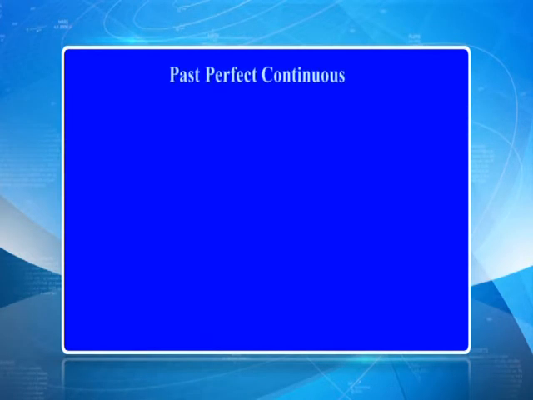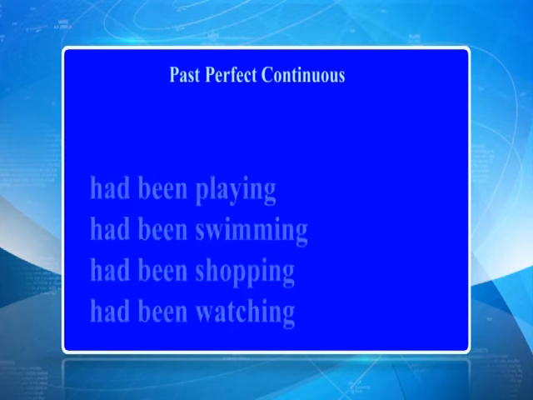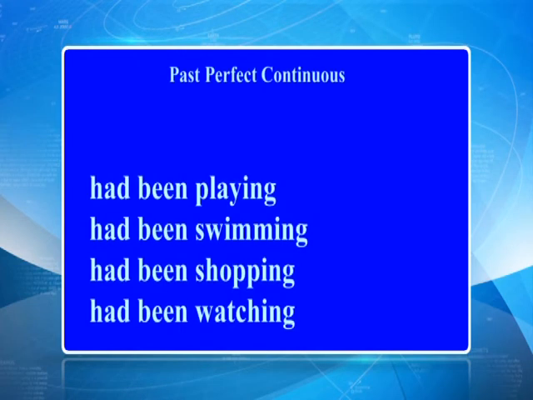Now, how do we form the past perfect continuous tense? Have a look at the following verbs: had been playing, had been swimming, had been shopping, and had been watching. Can you spot any similarities between the way these verbs are formed?